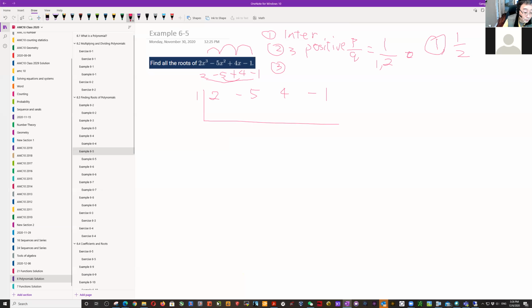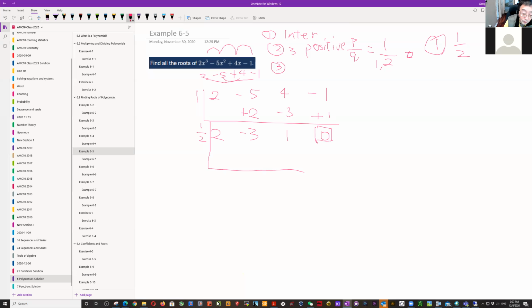So basically, we will use 1, and 1 multiplied by 2 equals 2. And this added together is -3. And that's -3, and then a positive 1. And 1 multiplied by 1 equals positive 1, and adding them together equals 0. So that's actually fine. The other one, 1/2, is also another solution.